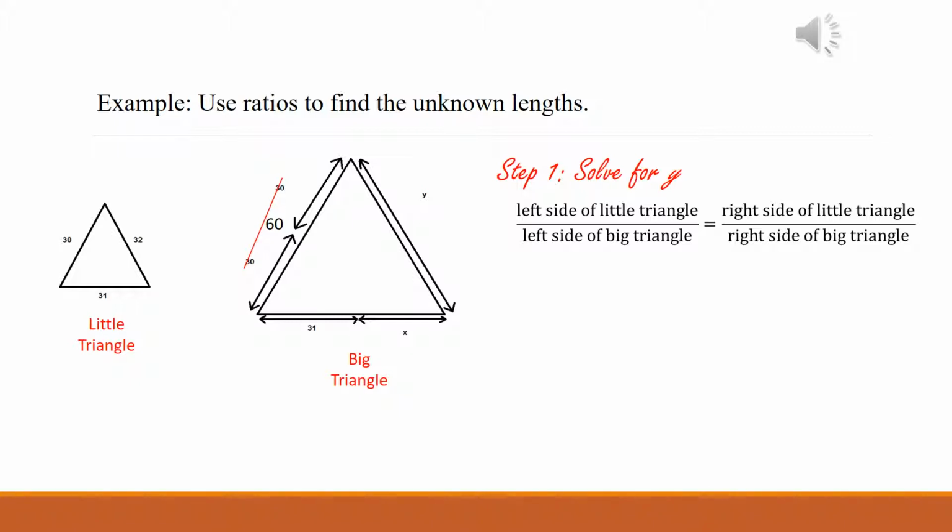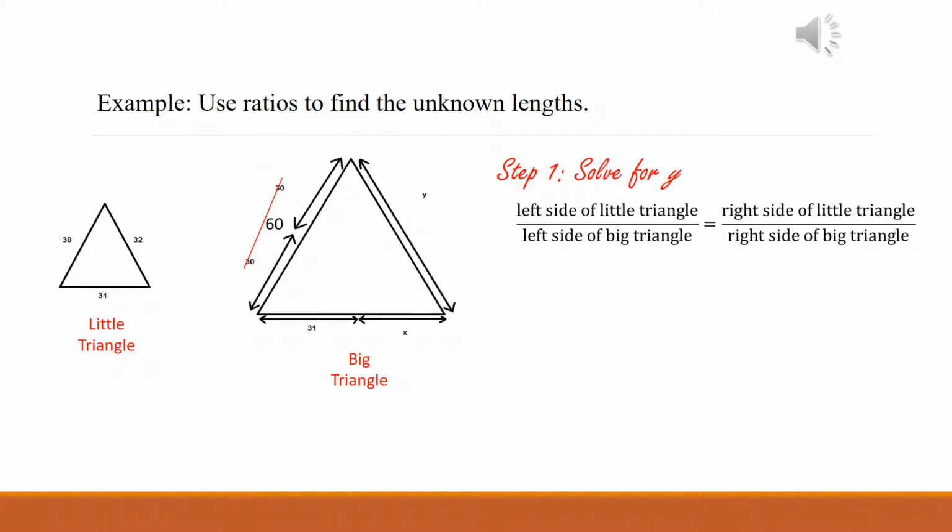So here's what we're going to do now. You want to look at your triangle and say, okay, on my little triangle, I know every side. So let's look at the big triangle. On the big triangle, I know the left-hand side. Before you set up your proportion, you're going to add together 30 plus 30, and that's going to tell you what the left-hand side of the big triangle is.